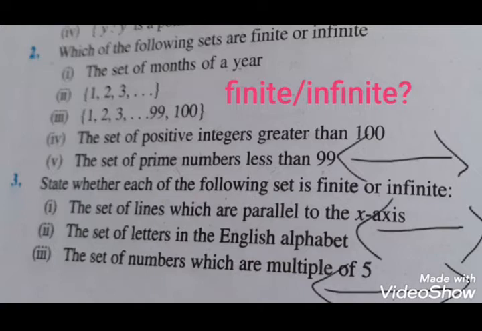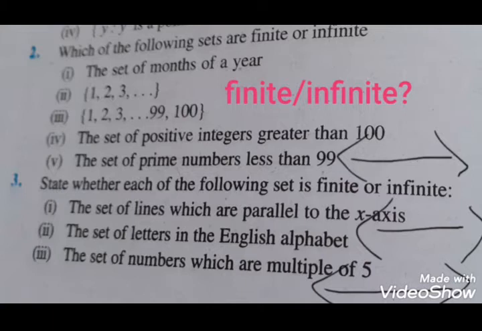Now the fourth part of question number 2 is the set of positive integers greater than 100. We know that the set of integers is denoted by Z, and the set of positive integers is denoted by Z plus, that is 1, 2, 3 up to infinity. Now the set of positive integers greater than 100 starts from the integer 101.